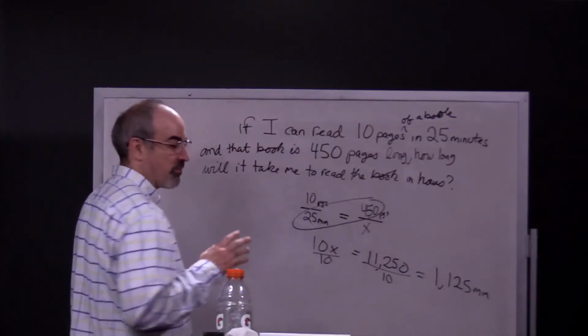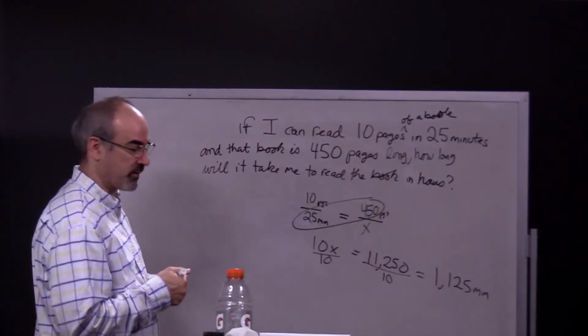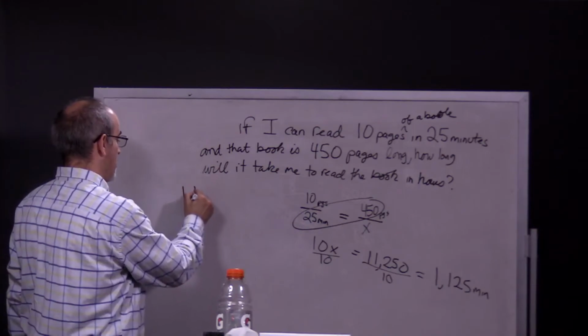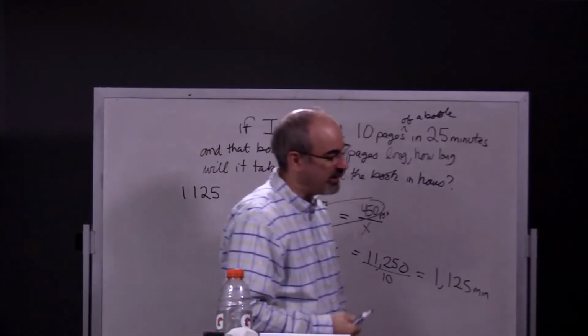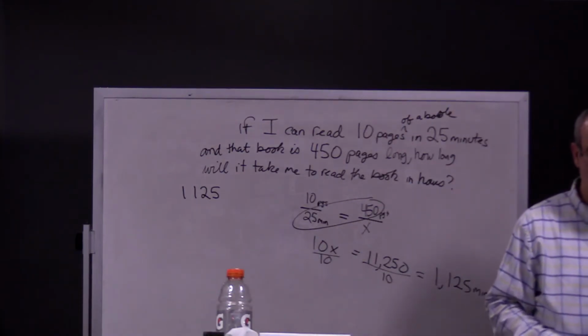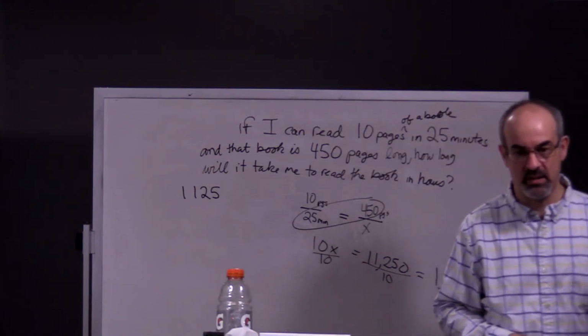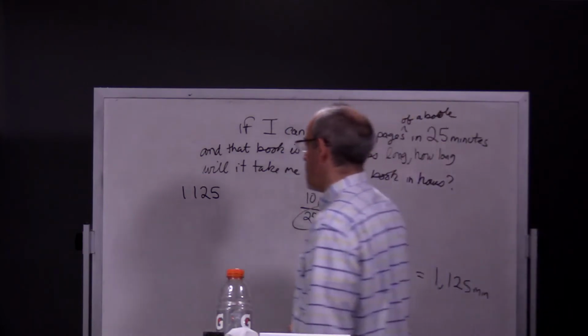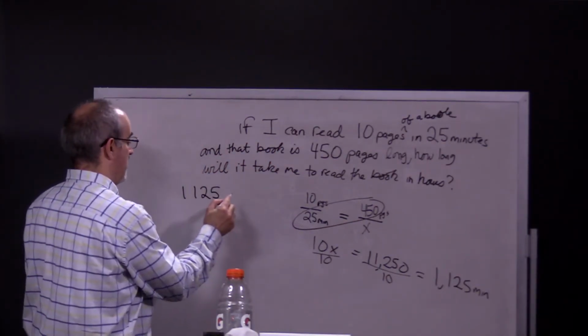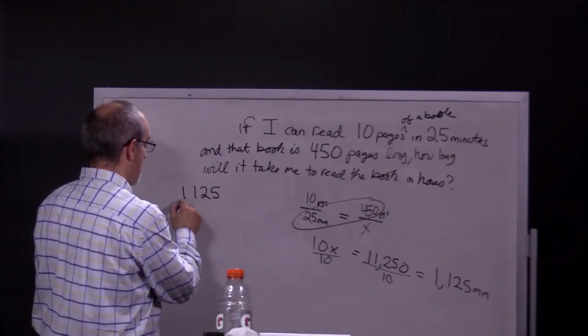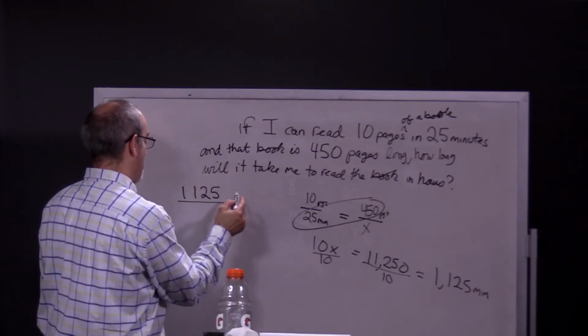Okay, so you've unpaused the video now. I know it's going to take me this long to read the book in minutes. Well, there's 60 minutes in an hour. Let's see what I want to do here.